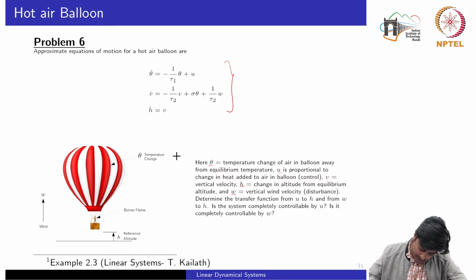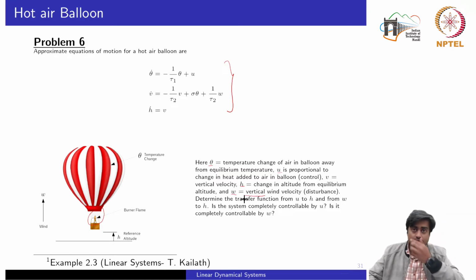Theta is the change in the temperature of the air balloon. u is the change in heat which is being added so that this balloon can fly. w is some vertical wind velocity. Here we have taken only the vertical wind velocity, because the wind has three components, but we are considering only the vertical component, and it is acting as a disturbance. And h is the change in altitude from the equilibrium altitude.